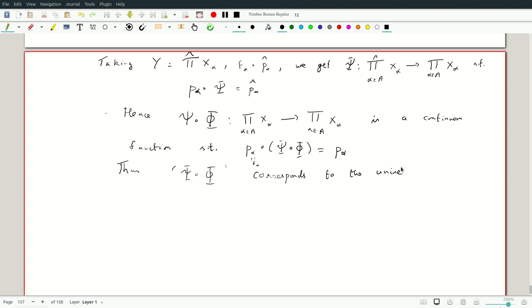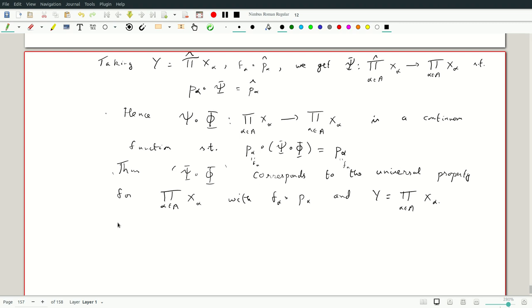And phi has this as the domain, but I'm going to treat this as Y. So universal property for the product, the ordinary or standard product, with F alpha equals P alpha, and Y is this thing itself, the product over alpha in A of X alpha. So what you need is a map C composed with phi, so that when you compose it with P alpha, you get the maps P alpha themselves. So this is going to be F alpha, projection composed with P.